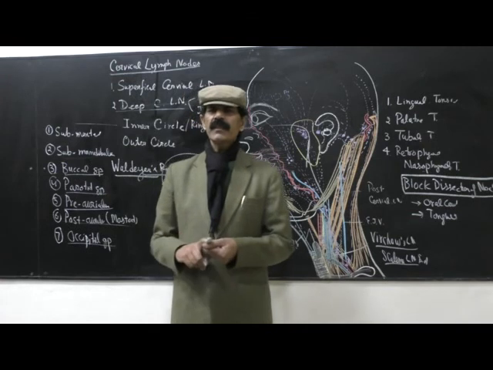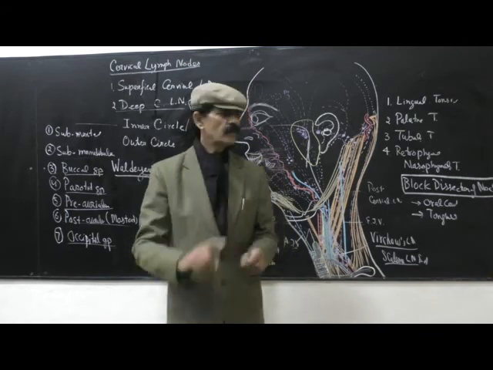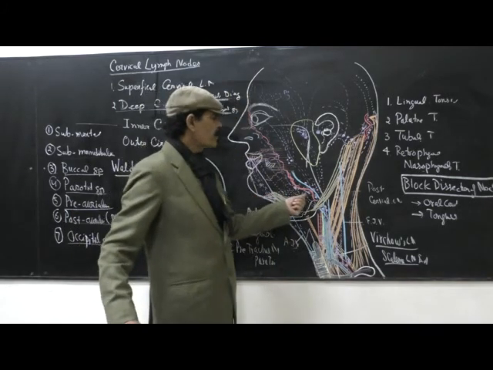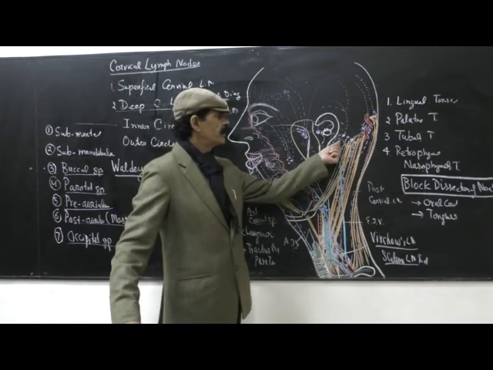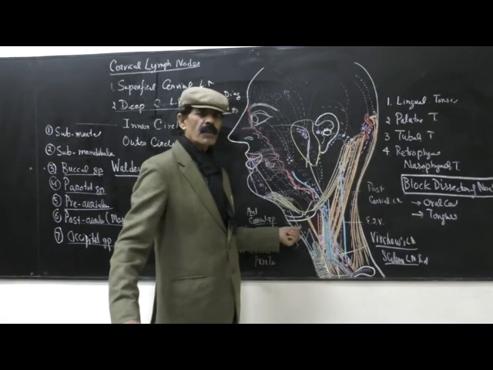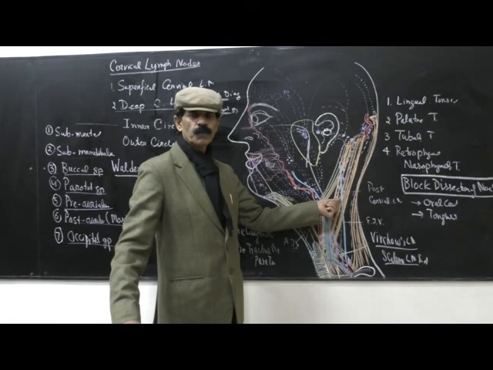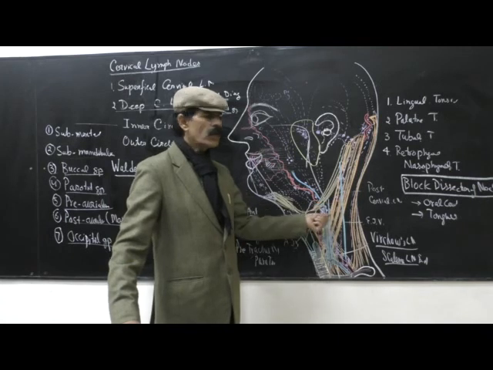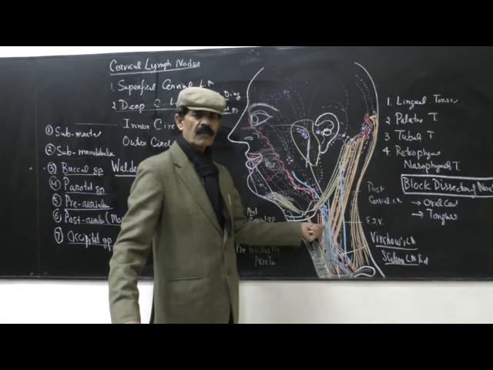In the block dissection of the neck operation, we remove the submental, submandibular, the mastoid group, the occipital group of lymph nodes, anterior jugular group, posterior cervical group of lymph nodes. But we do not remove the carotids, the vagus nerve, and the veins.